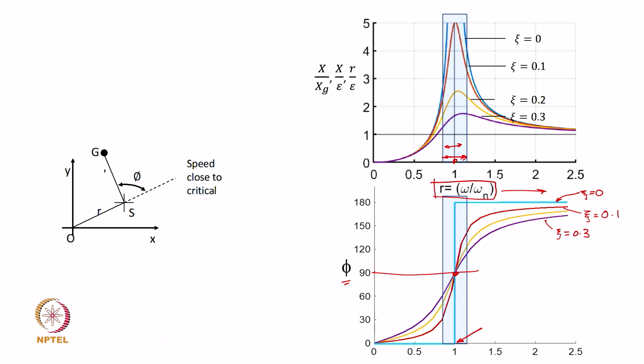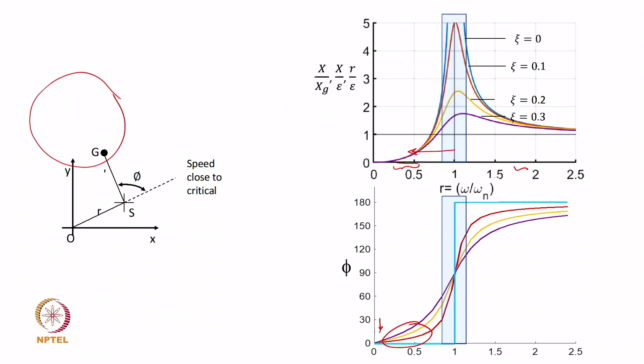So, irrespective of damping, all the curves pass through this point, which is pi by 2, a 90 degree phase difference between force and the response. If it is operating close to resonance, this is how it shows up. This is the direction of your response. Where will the force be located? It is going to be acting on the shaft in the direction of the unbalance. So, this is your force and this is your response.